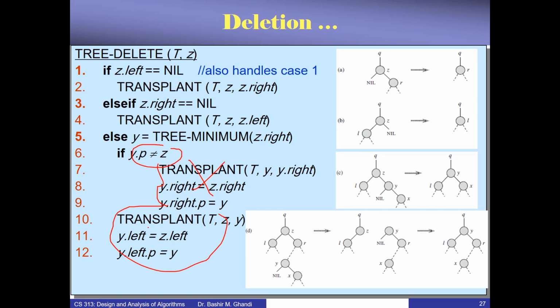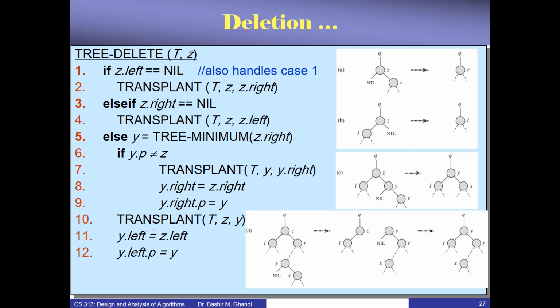Okay, so let's start by looking at this case, which is easier. Suppose the successor is indeed a right child. So Y dot P is equal to Z. In that case, we don't do this one. We only come here.